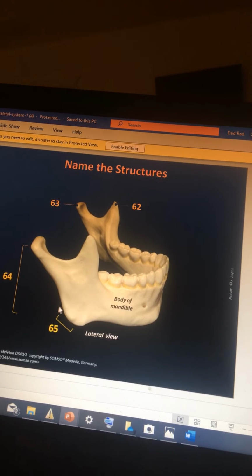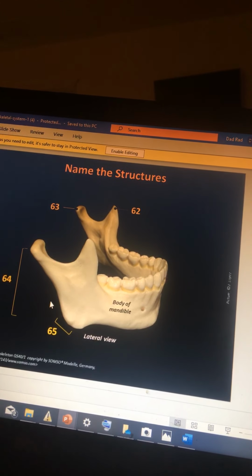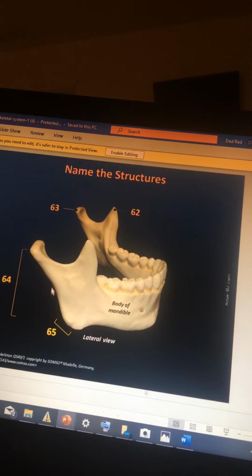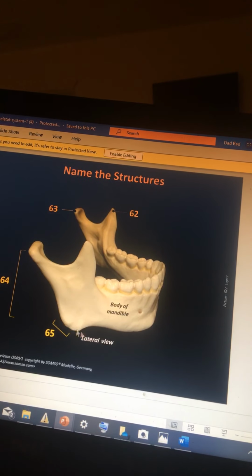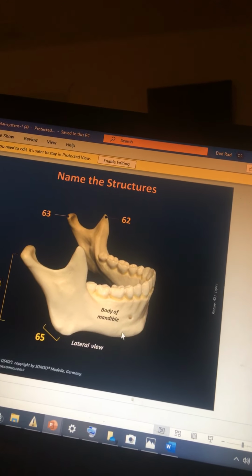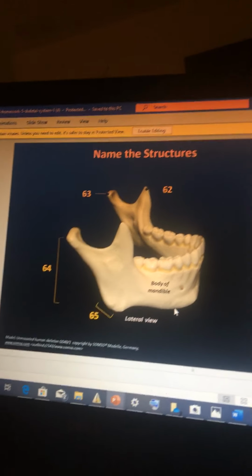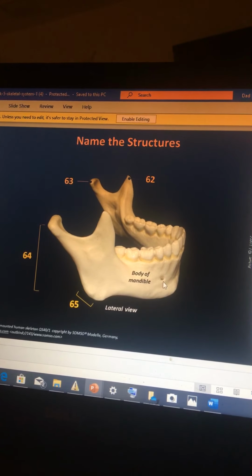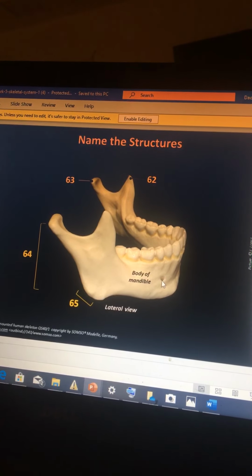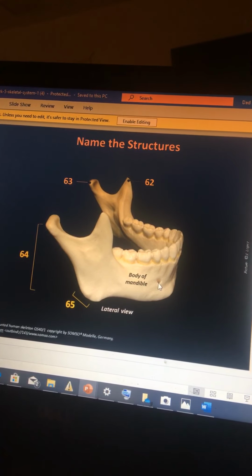Then it has the ramus, which is right here. The angle, this is the body, of course. This little hole right here is the mental foramen.